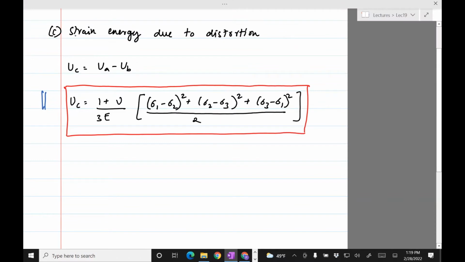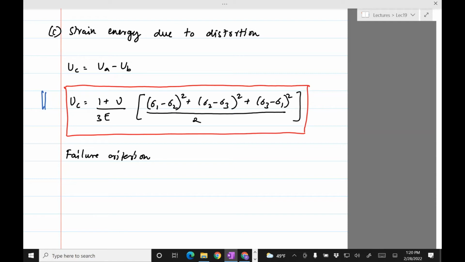Okay, so next is the failure criterion. We want to predict the stress at which the specimen fails in a simple tension or compression experiment, and we also want to find the distortion energy.